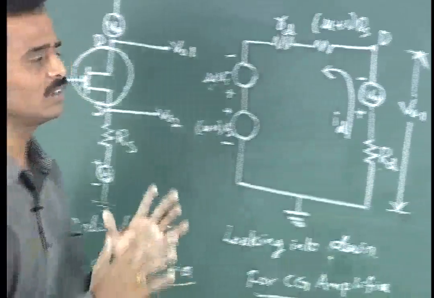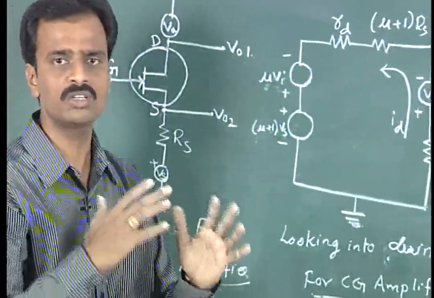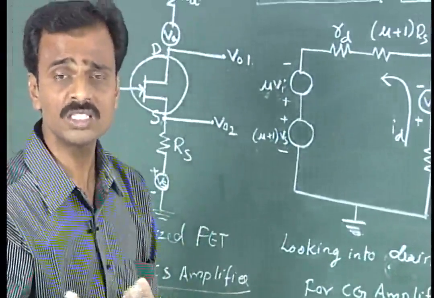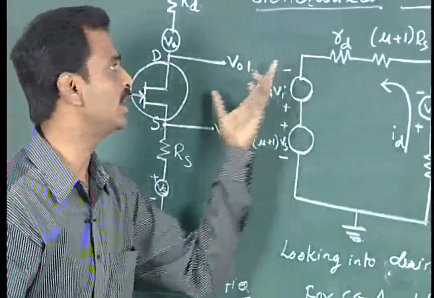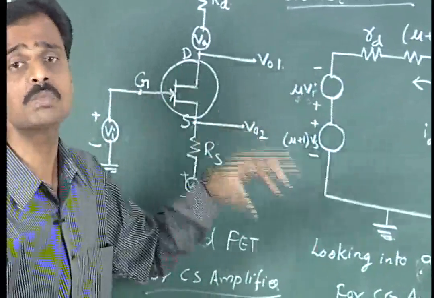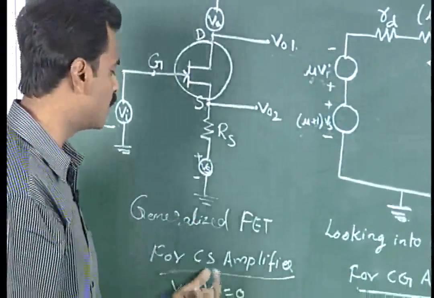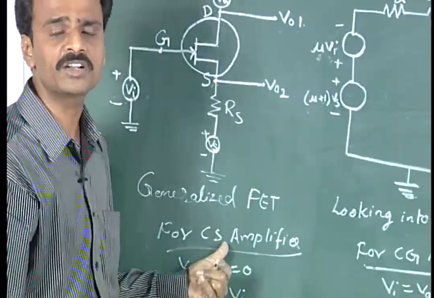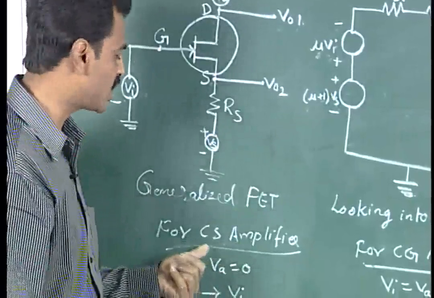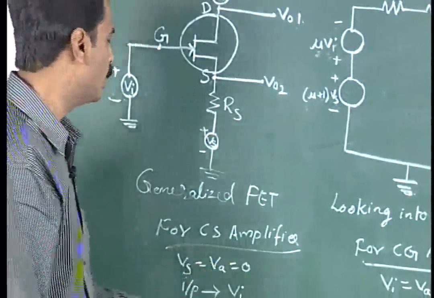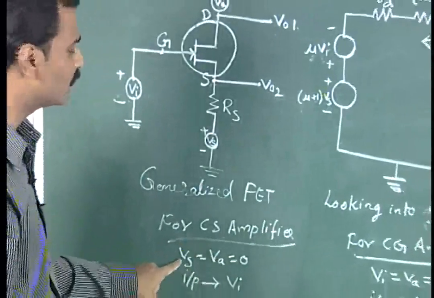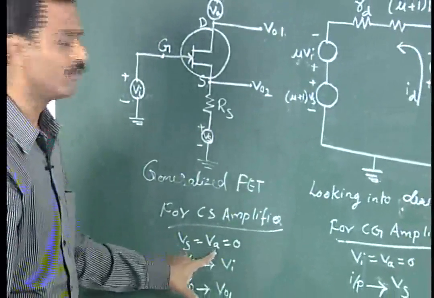Now we will see what the short-circuited factors are and the values of voltages with respect to the generalized field effect transistor when analyzed in three different ways. As we know, the first case is when the source terminal is maintained common for this circuit, which is called a common source amplifier. When the source is common, obviously Vs and Va will be equal to 0.